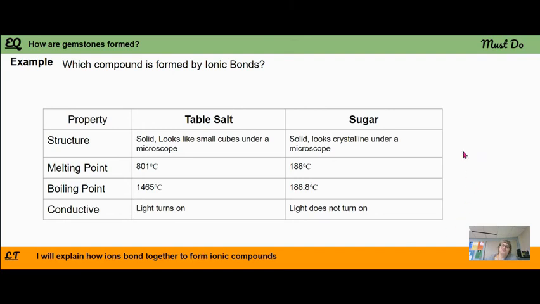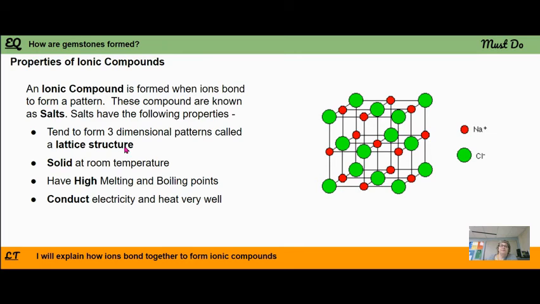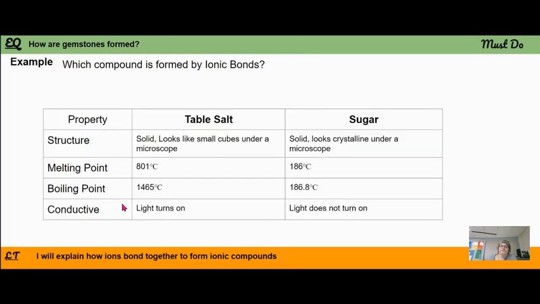So which of these two do you think is the ionic compound? Remember, ionic compounds are solids at room temperature. They have high melting and boiling points, and they conduct electricity and heat very well.